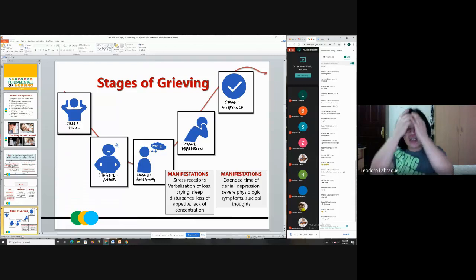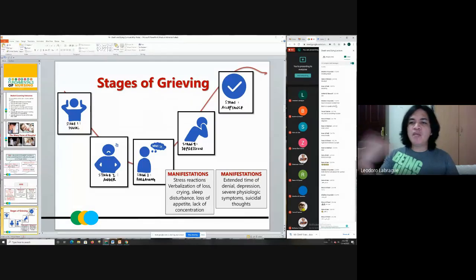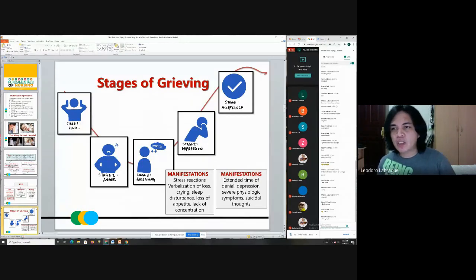I will give you a scenario. In your final written exam, I might ask a question related to stages of grieving, wherein you need to identify what stage of the grieving process the patient is at. I'll give you an example. The patient says, just give me 3 more months.